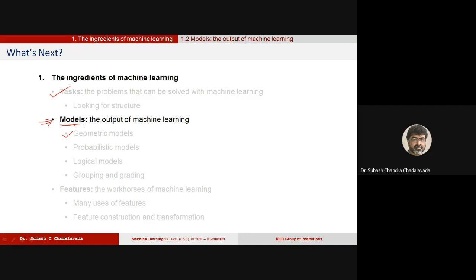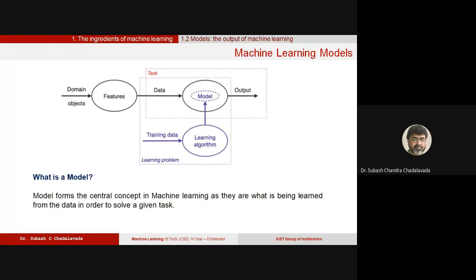These models are of different types: geometric models, probabilistic models, and logical models, which is one way of classification. The other way of classification is grouping models and grading models. We will be discussing this in the next few classes. After this, we will discuss features, which will finish the first lesson of your unit. So today we will discuss the models.